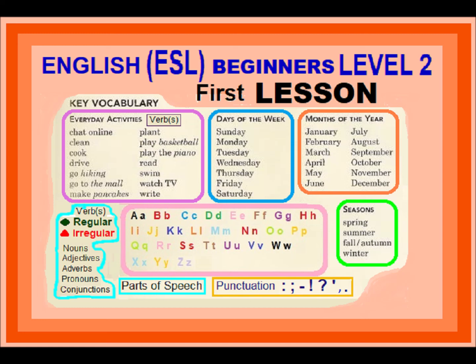A, B, C, D, E, F, G, H, I, J, K, L, M, N, O, P, Q, R, S, T, U, V, W, X, Y, Z. For example, my name is Zoya, and when I speak on the telephone, I say Z as in zebra, O-I-A, four letters, Z-O-I-A.